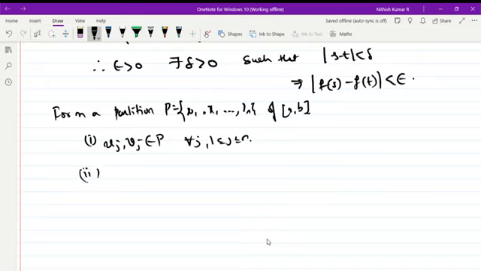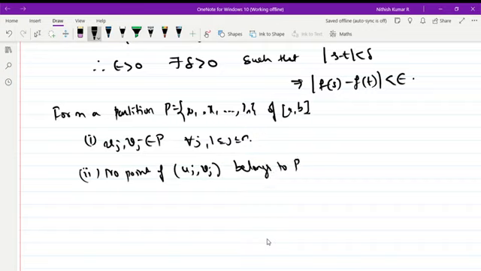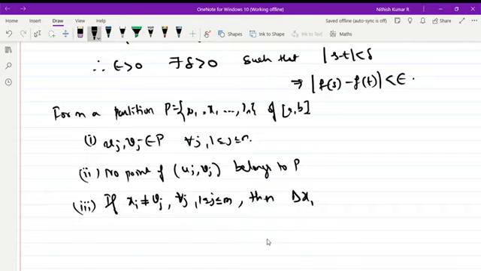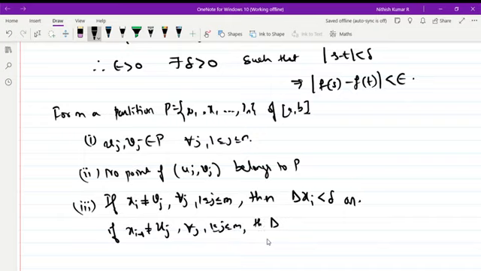The second condition is that no point of the open interval uj vj belongs to P. And the third condition is: if xi is not equal to vj for all j between 1 and m, then delta xi is less than delta, or equivalently, if xi minus 1 is not equal to uj for all j between 1 and m, then delta xi is less than delta.